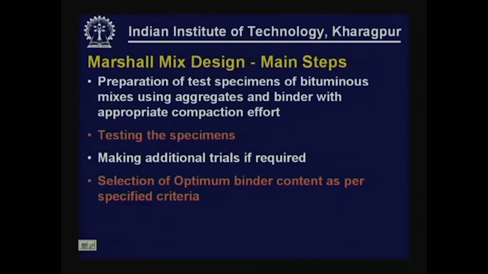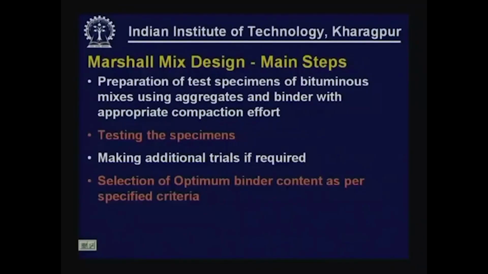But if we are designing mixes for roads having very low traffic, we can go for smaller compaction efforts. So, the corresponding equipment, the corresponding compaction effort also can be used and the mixes tested corresponding to that compaction effort. So, we also have to select a compaction effort.